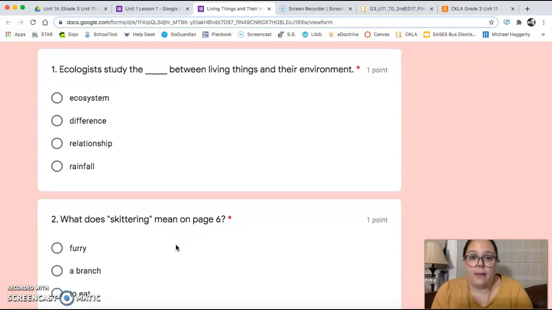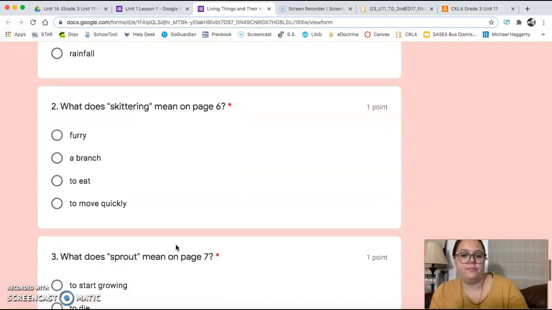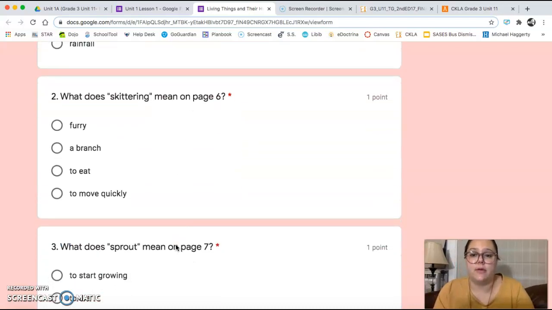All right, now we have our comprehension questions. As always with these questions, make sure to go back into the text if you need to, find the part they're talking about, and locate the answer. Number 1 says, ecologists study the blank between living things and their environment. Number 2, what does skittering mean on page 6?